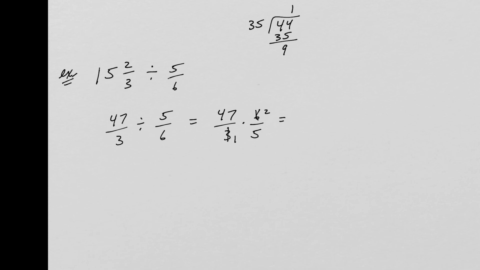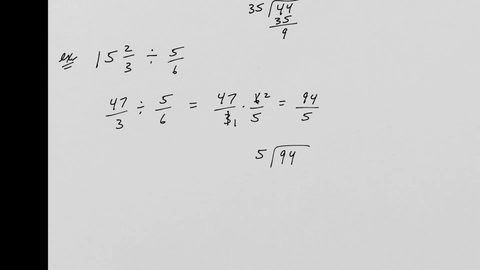So now I multiply the numerators. 47 times 2 is going to be 94. And then the denominator, 1 times 5 is 5. And then I'll convert back. I'll divide 94 by 5. So let's see. 5 goes into 9 once.